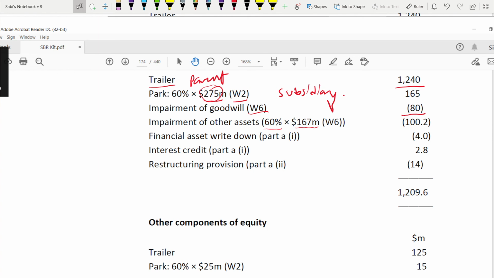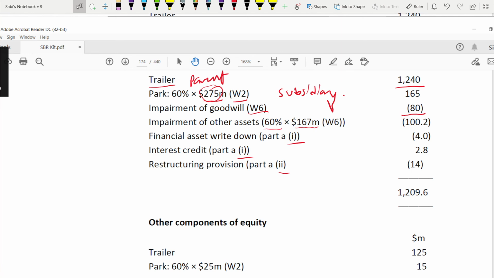Financial asset write down. You have to take the information from the other two parts also, the previous two parts, for the third part. That's why I say it's interlinked. Always when a question requirement has many parts, for example, part A has 3 parts, all the 3 parts are linked to each other and need to be answered in that sequence, in that order.